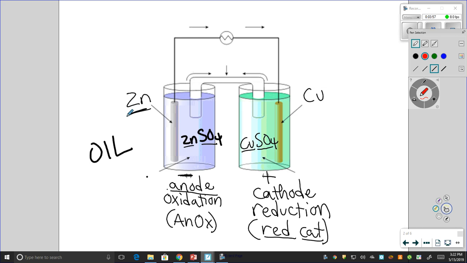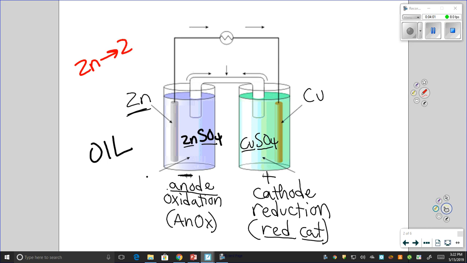So we essentially have this reaction going on. Zn yields Zn2+ plus 2 electrons. These are electrons that are going to come off of the zinc. So we're going to have electrons coming off of the zinc and traveling through the wire over here to our copper side. So our electrons are moving in this direction.